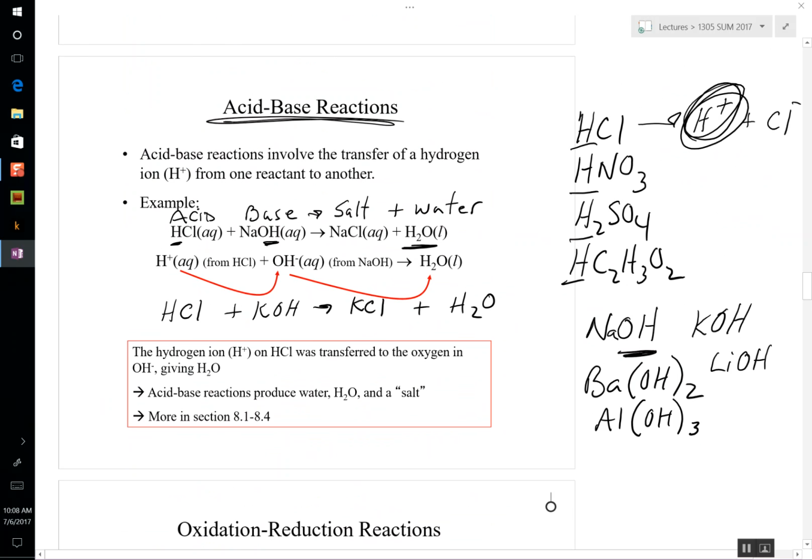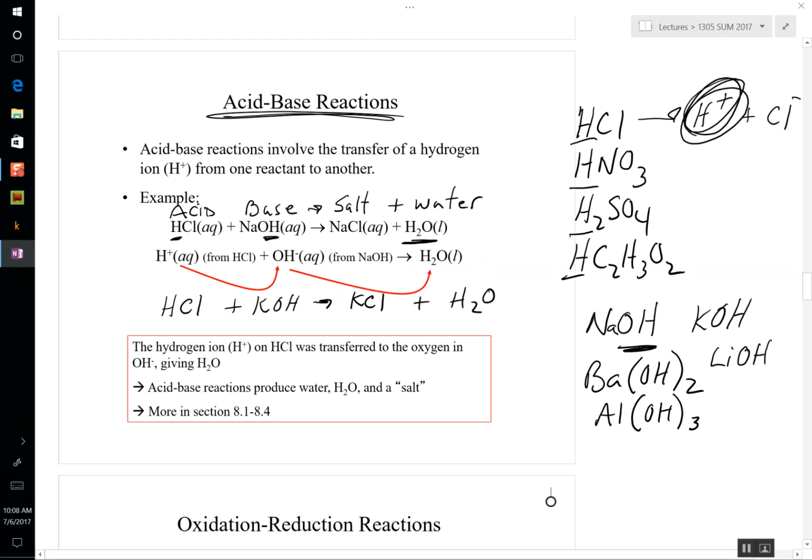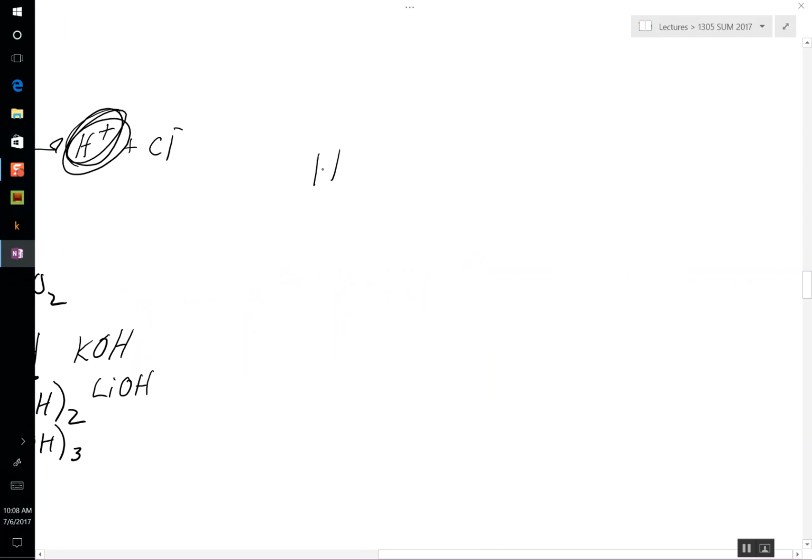Let me just point out one thing about these precipitation and acid-base reactions. If I were to dissect one of these, let's just take the HCl plus the sodium hydroxide, forming the sodium chloride plus the water. The charges on these different species would not change.